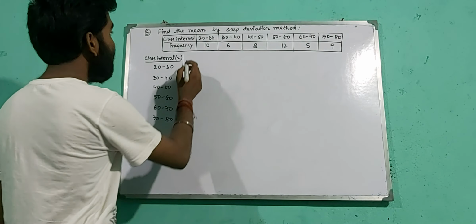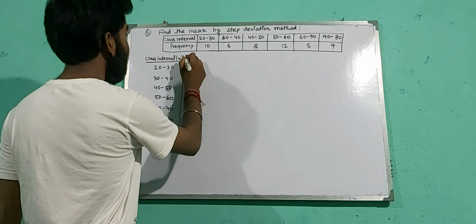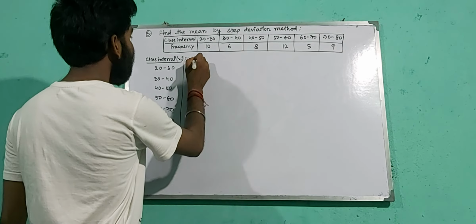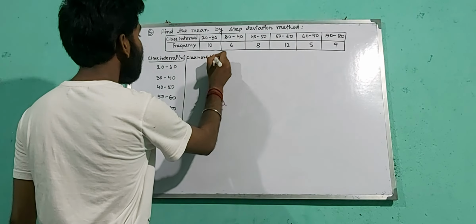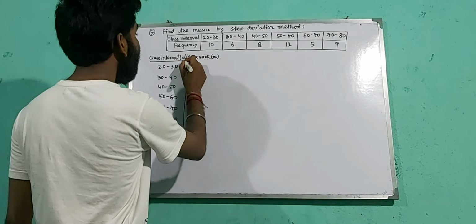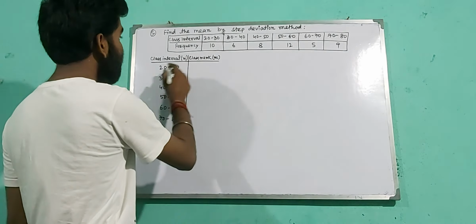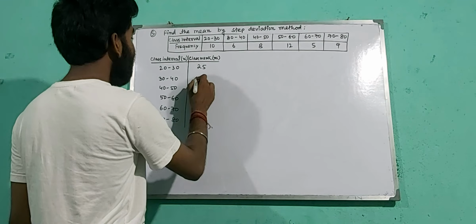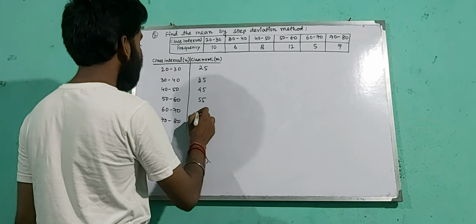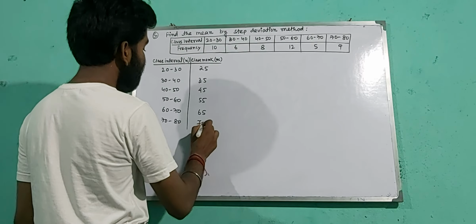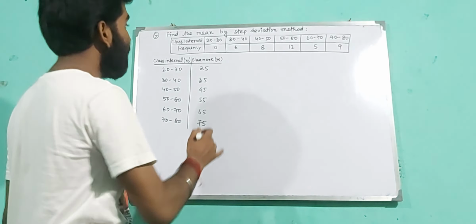After that, I will go step by step. After that, class mark. You know what is class mark? You just write the middle one: 25, 35, 45, 55, 65 and 75. Correct? I hope you can understand.